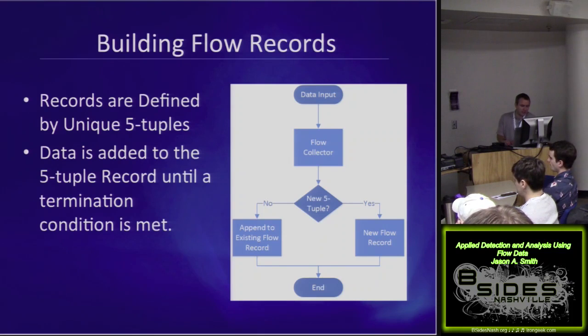Think of it as a factory as far as how these flows come in. They're all based on these 5-tuple records. If a different 5-tuple record comes in, this factory worker says, I have another one coming in, it's a little bit different, either the source port, destination port, source IP, destination IP, or protocol is different, so I'm going to stick it here.